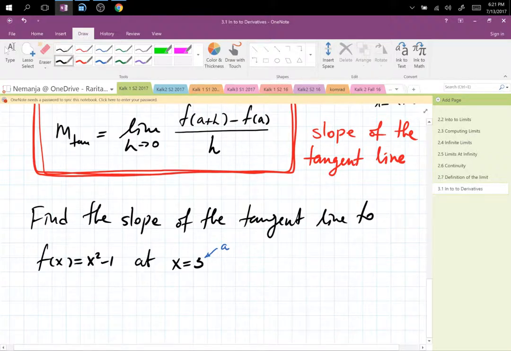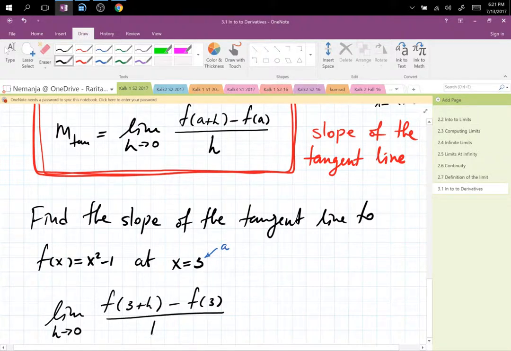Well, very simple. Limit as h goes to 0. See, you don't have to plug 3 there anymore. It's always h goes to 0. And now I have f of 3 plus h minus f of 3, because a is 3, divided by h. This is far faster, much faster than the previous example.